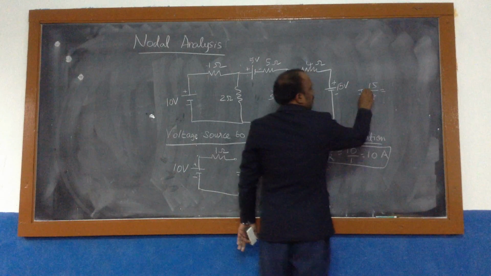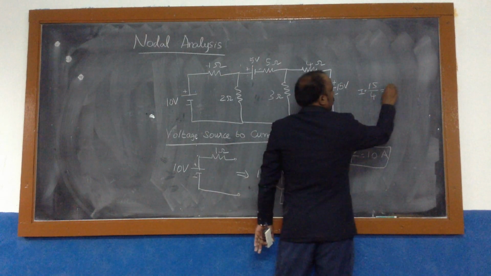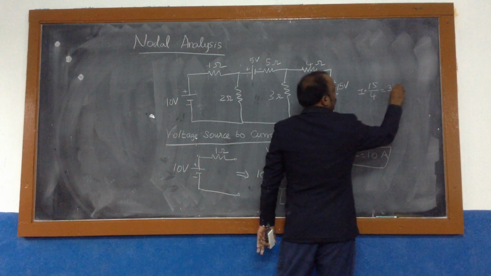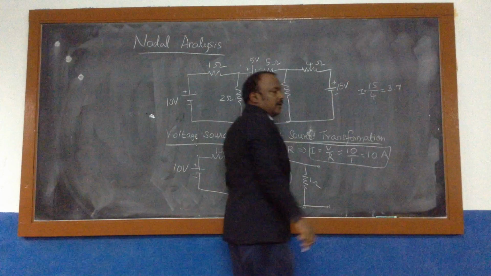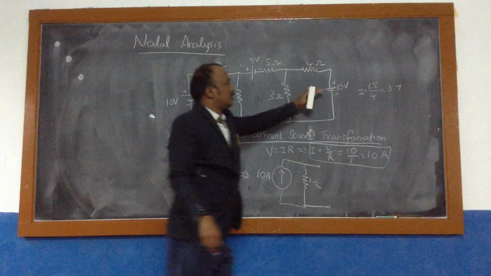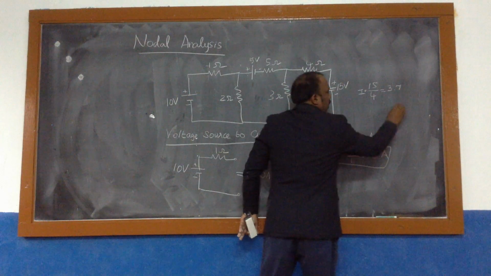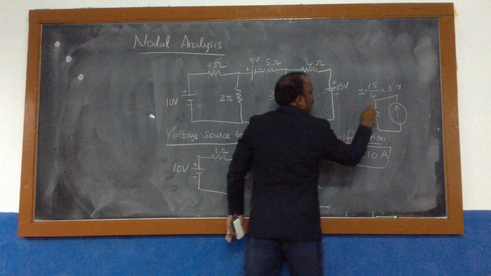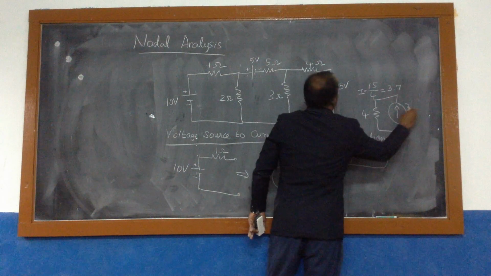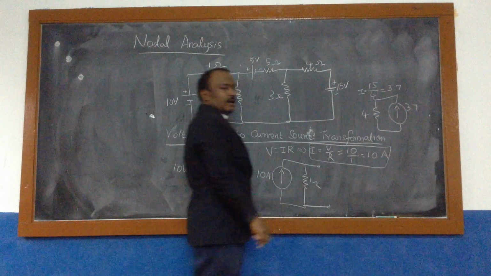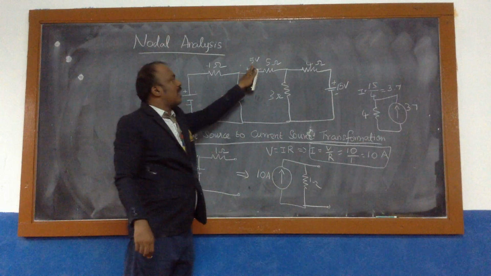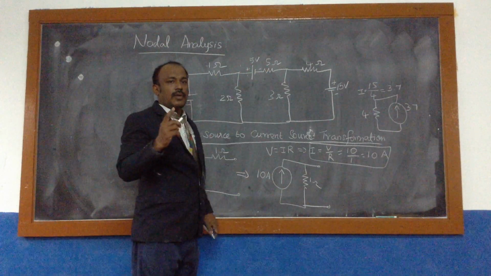I equals 15 divided by 4, which is 3.7 something. This one should be on the upper side, in parallel with the resistance 4. Total value 3.7. Similarly, for this one, 5 divided by 5 is 1.